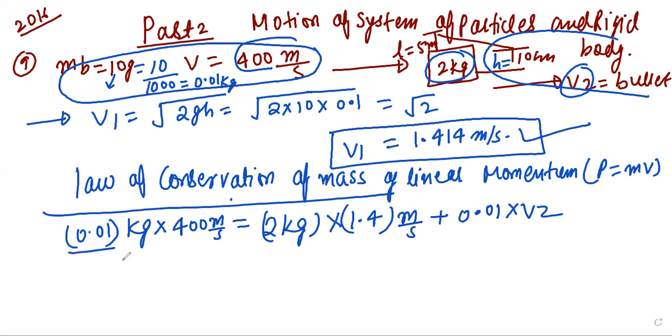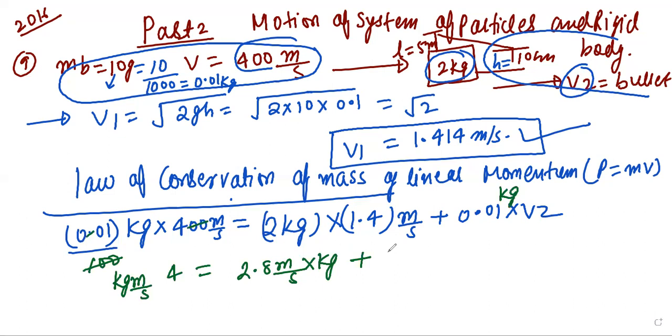So please solve it. After removing this point you will get 100 here, so this will cancel. So 4 kg meter per second is equal to 2.8 kg meter per second plus 0.01 kg into v2.